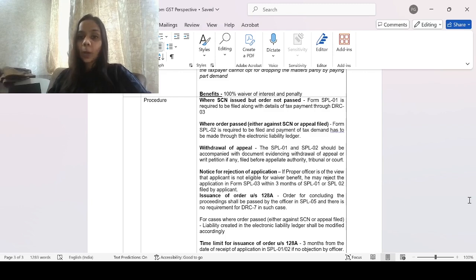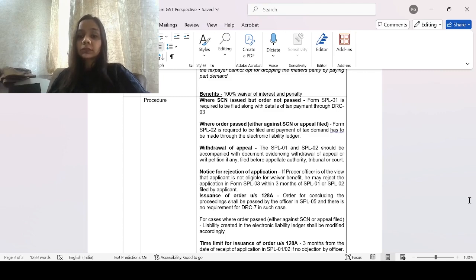Also, the documents should be accompanied by SPL 01 and SPL 02. Next one is the notice for rejection of applications. If the proper officer reviews that you are not eligible for the waiver, then he can make an order in SPL 03 rejecting the applications within 3 months of filing SPL 01 and SPL 02.